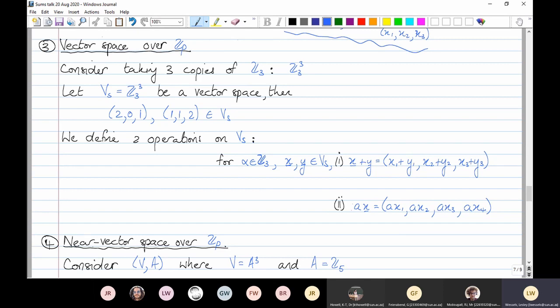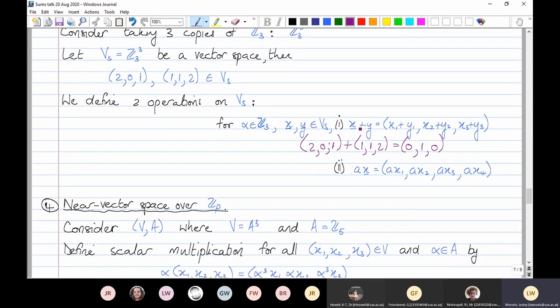I should probably have taken Z5, but it doesn't matter. So if I add (2, 0, 1) and (1, 1, 2), this will be 3, which is 0, then 1, and 1 plus 2, which is 0 in Z3.